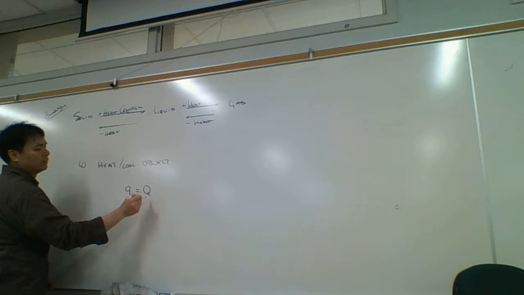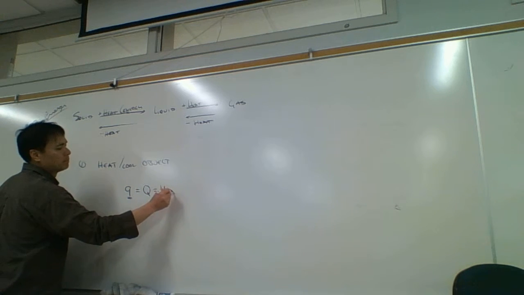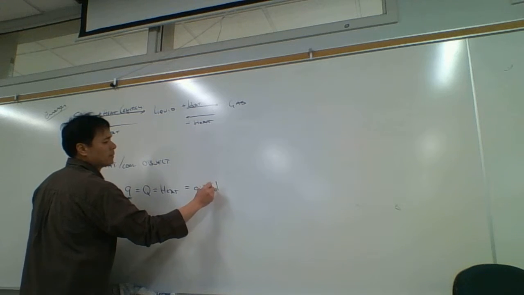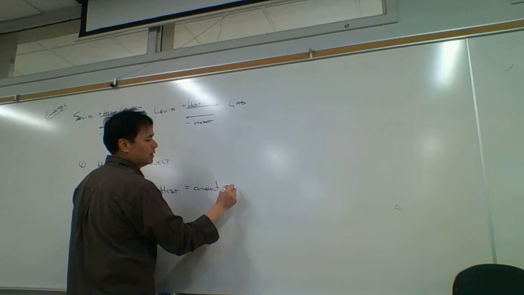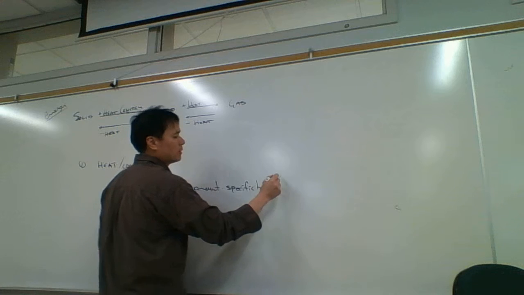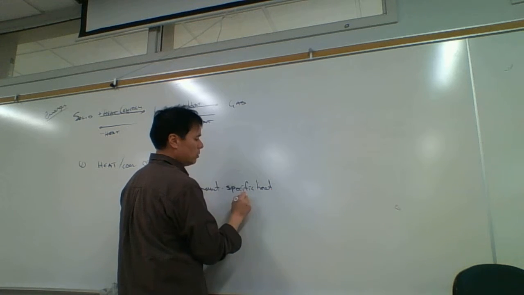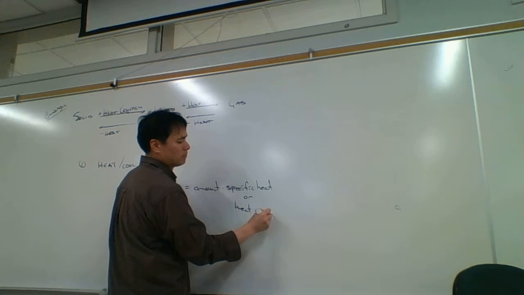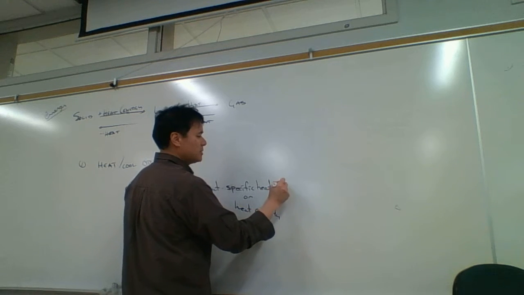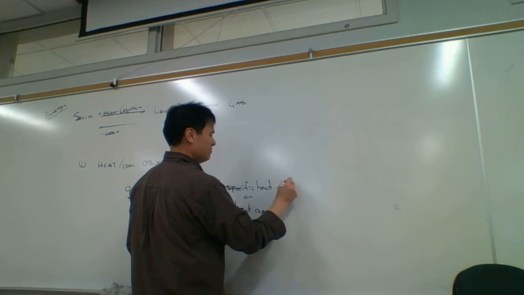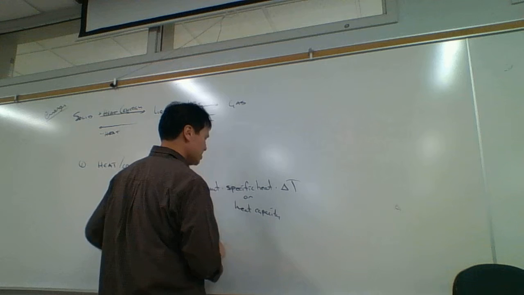When we heat or cool an object, then the heat, which is given by the symbol little q or big Q, is equal to the amount times something called the heat capacity, or specific heat, times delta T, the change in temperature.